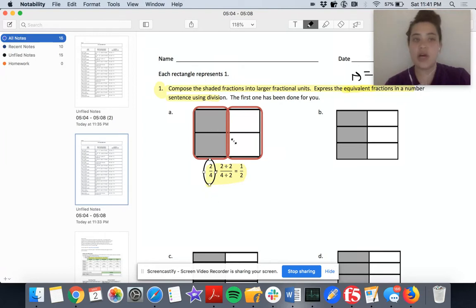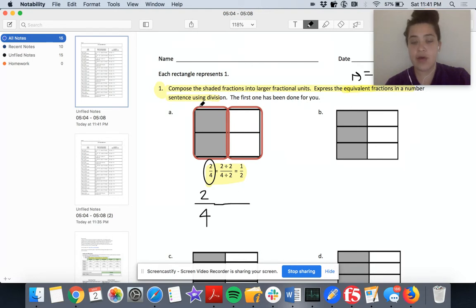Well, we're not going to just go from the original, because all of these now are original pieces. We don't see any dashed lines. So all of these are original pieces, and we can count 1, 2, 3, 4. 4 original pieces. How many were shaded in? 1, 2 are shaded in.